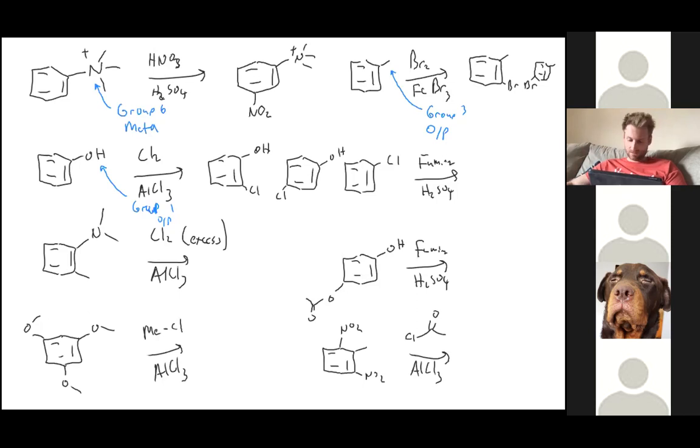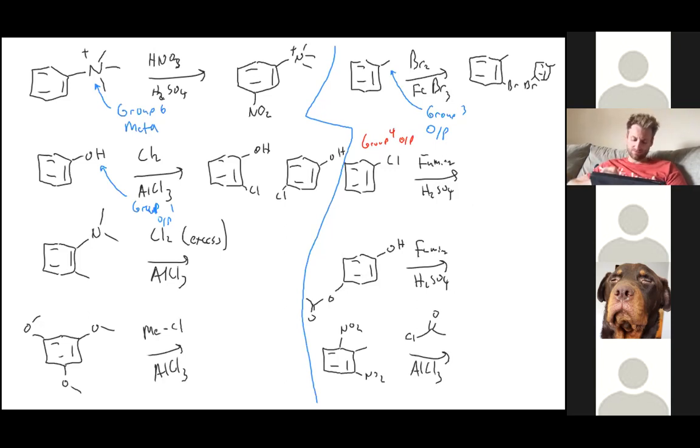All right. We're getting into some larger molecules on this next one. So we've got, I'll draw a little line here, Cl, which is our group 4, which is still in our ortho para category. Fuming H2SO4 adds a sulfate.